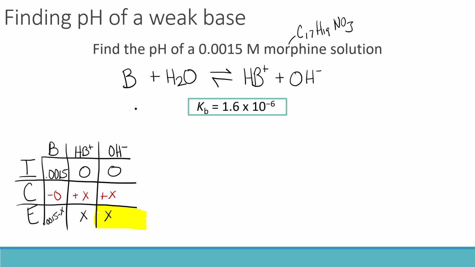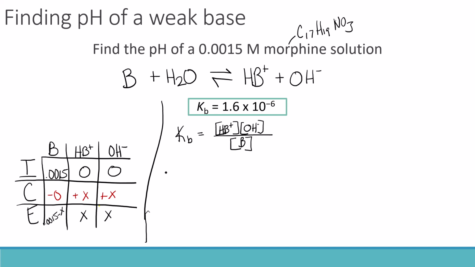Go ahead and draw that on an angle because it got kind of tight in there. So from here, we are going to set up our K equation, so Kb for base. It's going to be our products, which are HB plus and hydroxide, over our reactant.